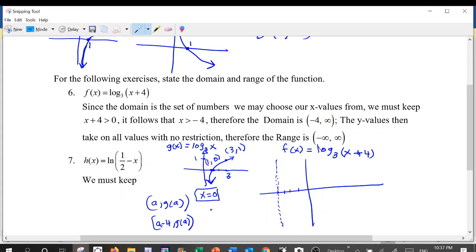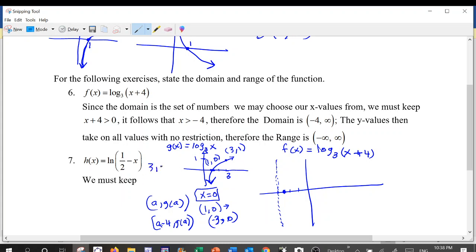And then 1, 0 goes to where? 1 minus 4 is negative 3, right? And the 0 doesn't change. So it goes to negative 3, 0. And what about 3, 1? Where does that go?